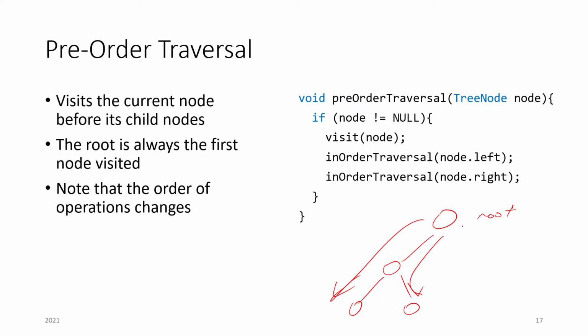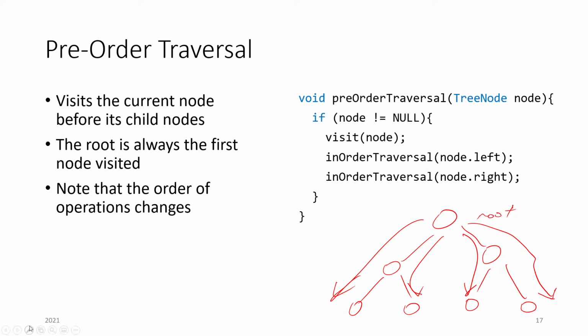Then from the root, we go down to our right nodes, this way, and this way. So it's a little different in how you visit these nodes. This is how pre-order traversal operates.